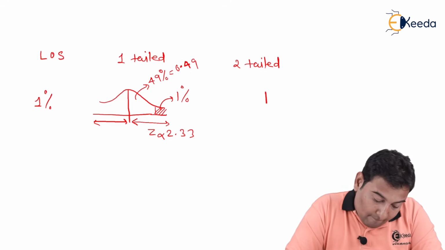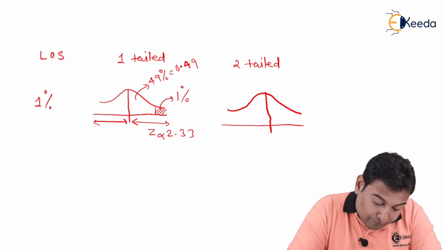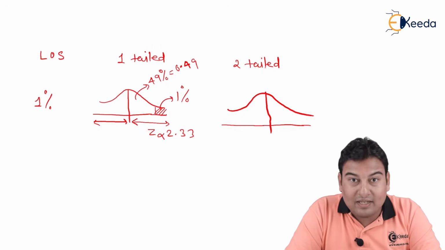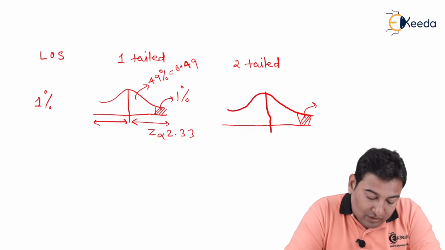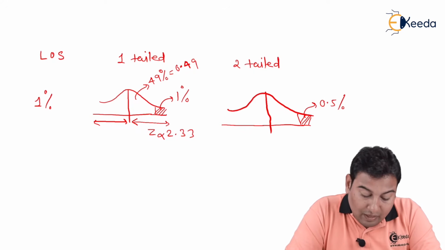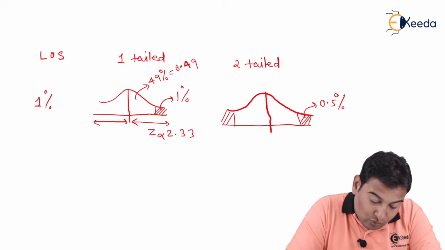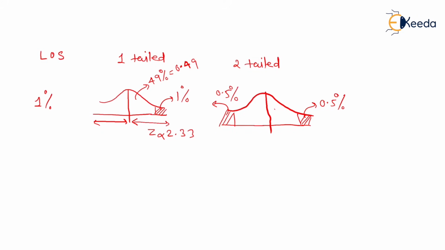Now we're going to find the value for the two-tail test. So 1% removed from both sides. Since it is two-tailed, the region must be removed from both sides. 1% in general must be removed, that means 0.5% from the right side and 0.5% from the left side, so overall you will be removing 1%.